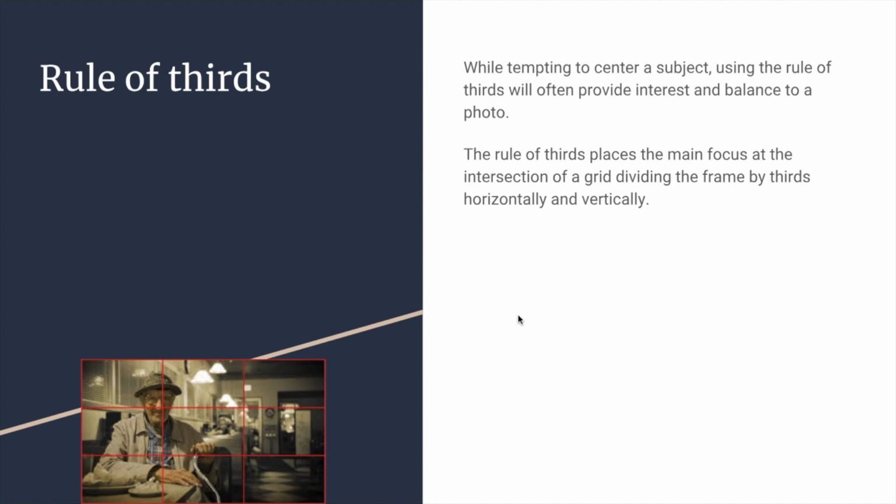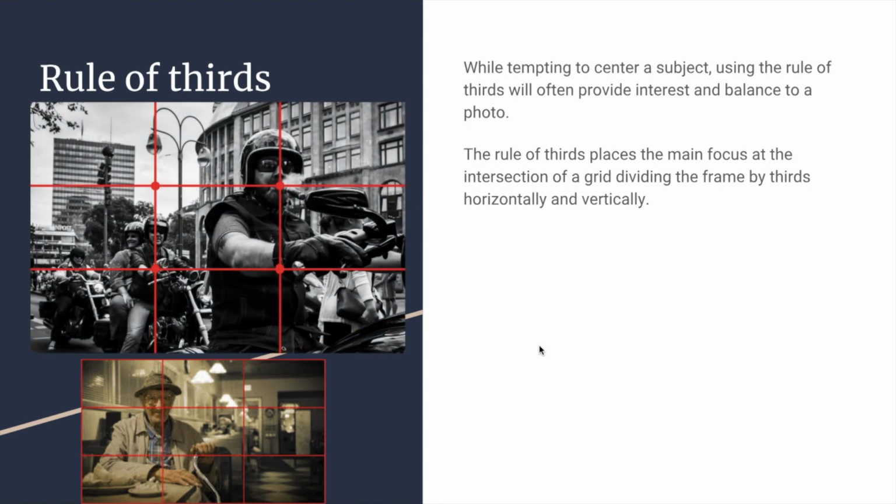But notice that with a portrait like this, which could be a story about this man or about this diner, by placing his face at this intersection, the first third both vertically and horizontally, and placing his entire subject in this vertical third, there's not a lot in the right two-thirds of the photograph other than some context of the diner, but it really balances the photo and gives it some visual appeal.